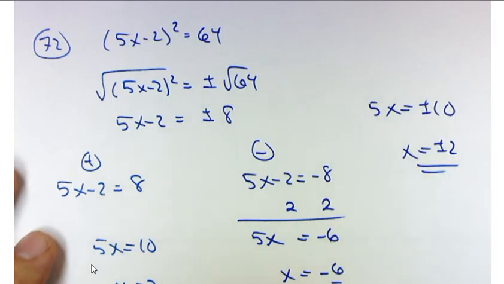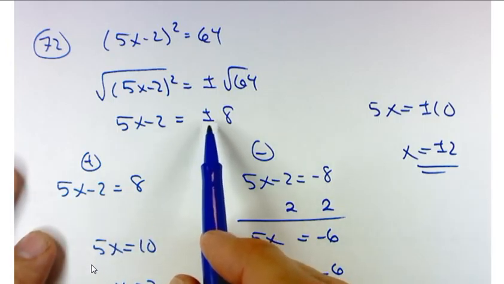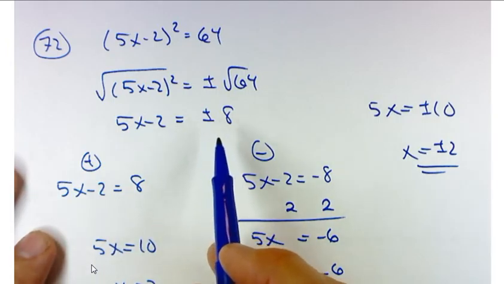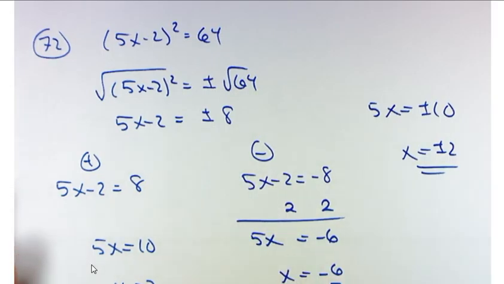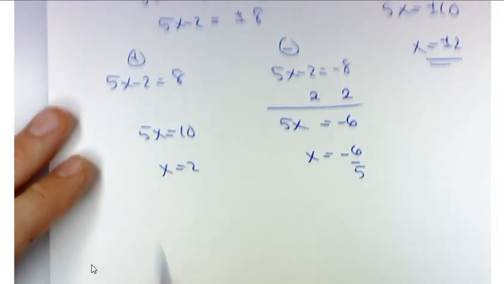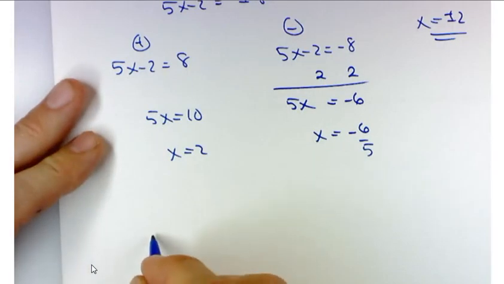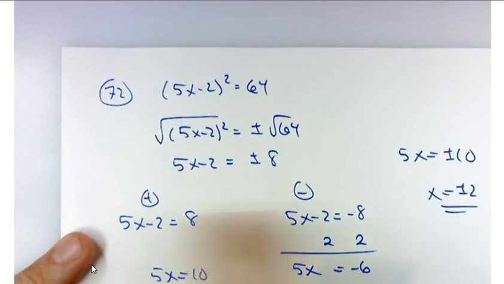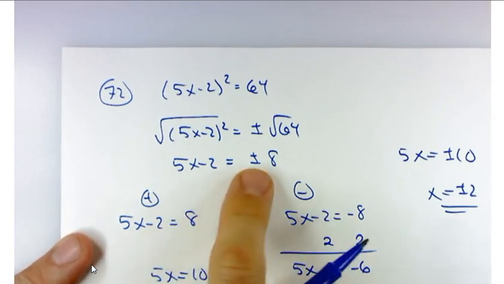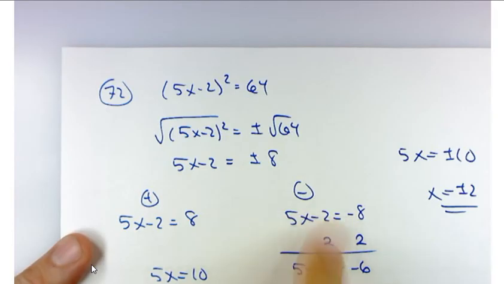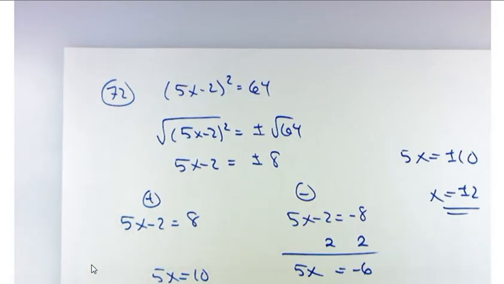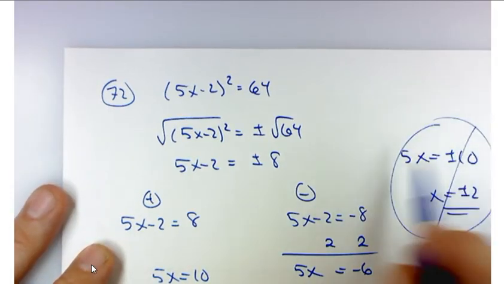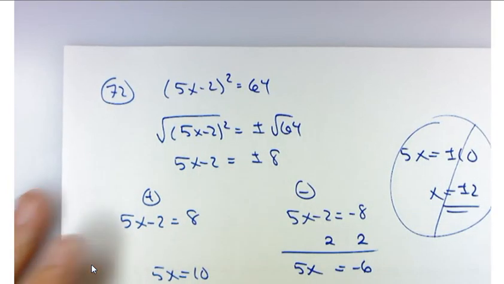Whenever you have this plus or minus like that, if I was being very formal about this, when you took the square root, I'd make you write out these two cases. I wouldn't let you use the plus or minus. The plus or minus is just a convenience for us, but it really does mean this. So, unfortunately, you can't just move the 2 to the other side and solve.